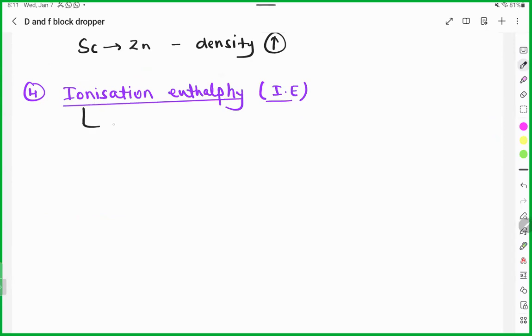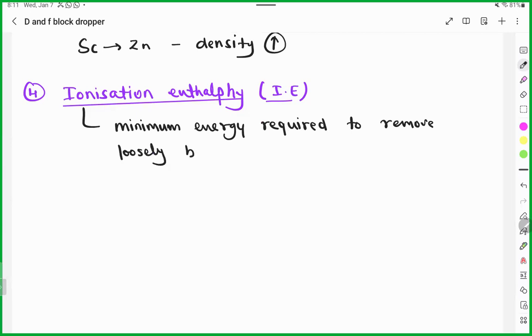Minimum energy to remove the electron from... I don't remember the word. Minimum energy required to remove loosely bound electron from gaseous state.